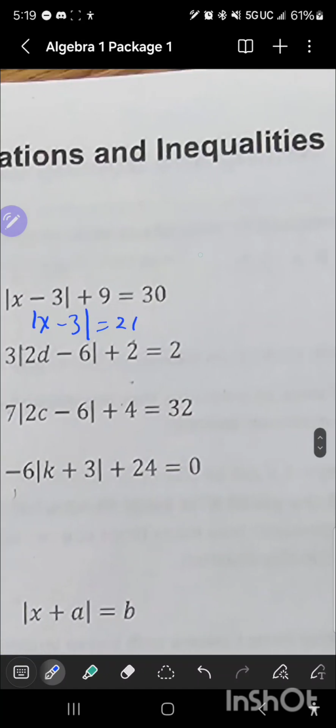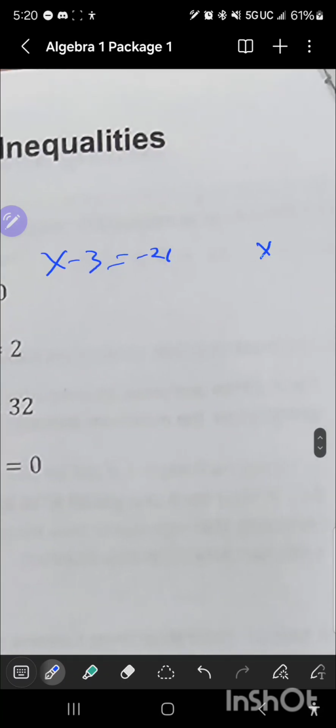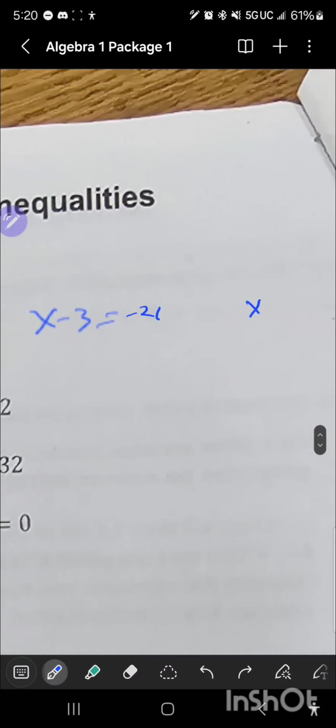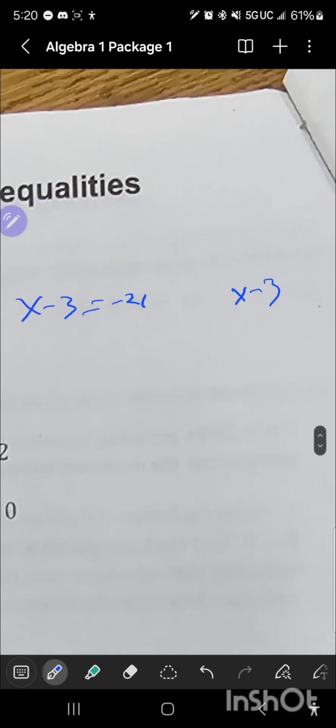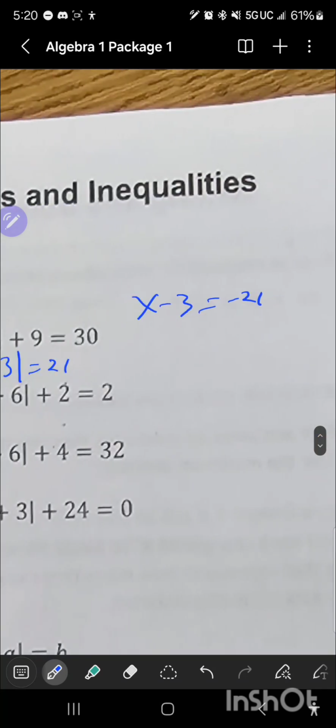So x minus 3 equals -21, and x minus 3 equals 21.